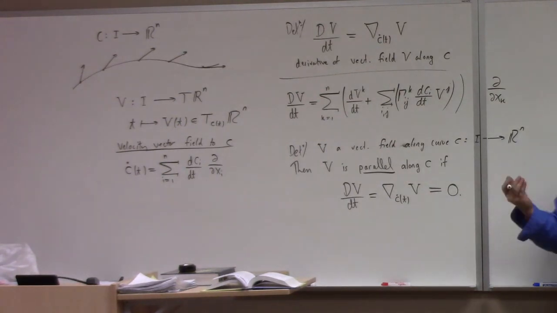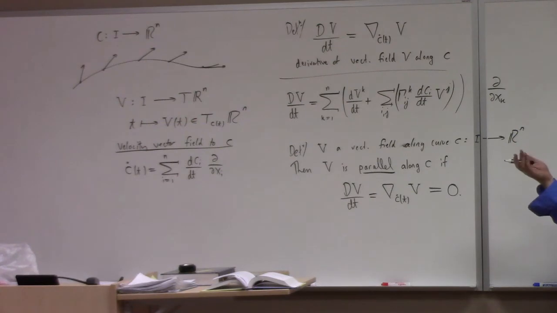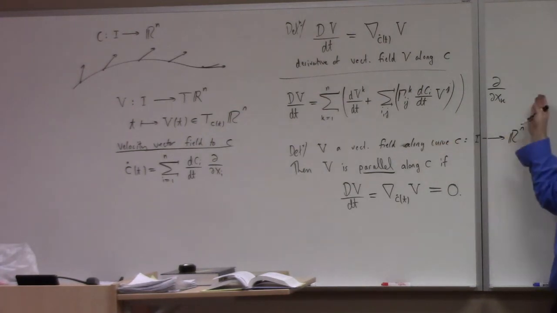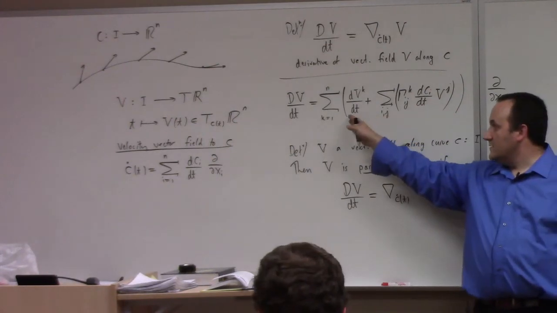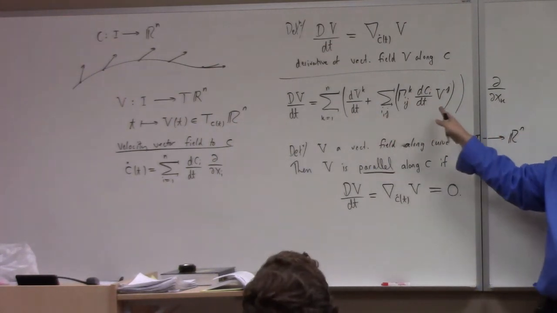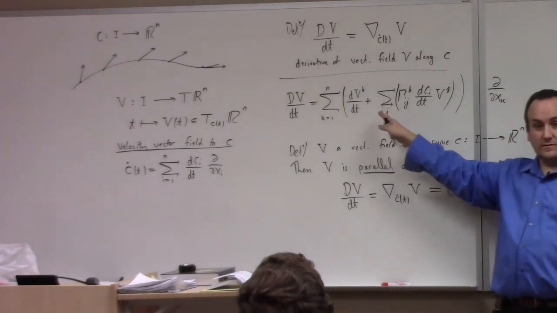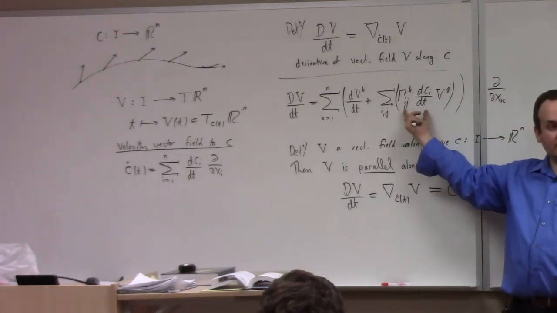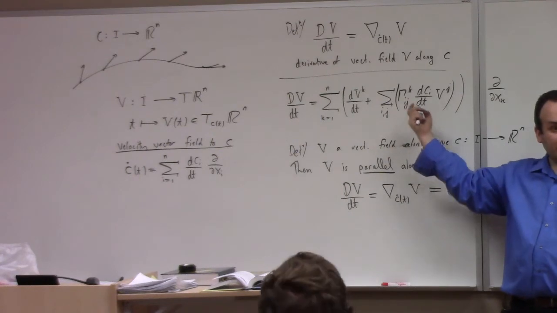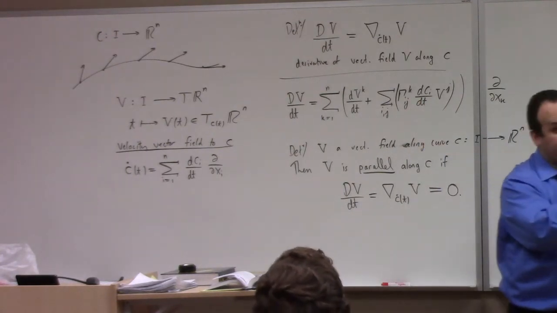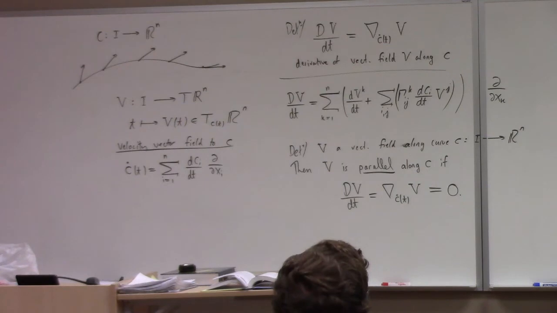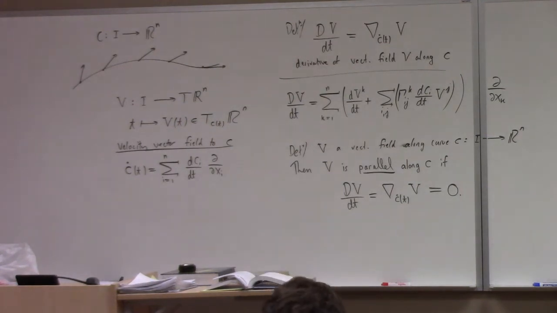If the curve is given and you want to go searching for vector fields which are parallel to the curve, what does that mean mathematically? What are you trying to do? Trying to set this equal to 0, which means you've got to solve for what? You've got a first order differential equation in V's, and what I just erased shows you that these differential equations could be rather challenging. They can be nonlinear and quite ugly.